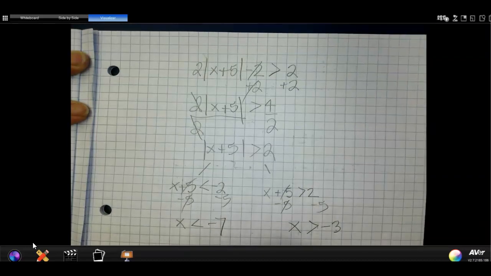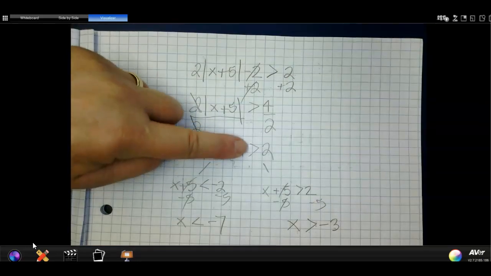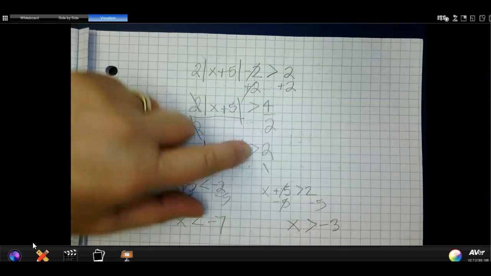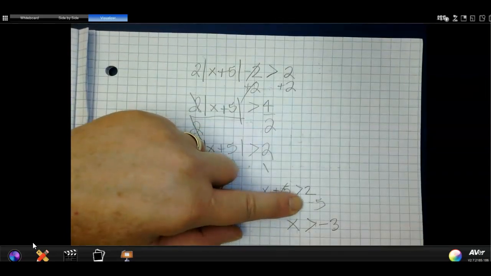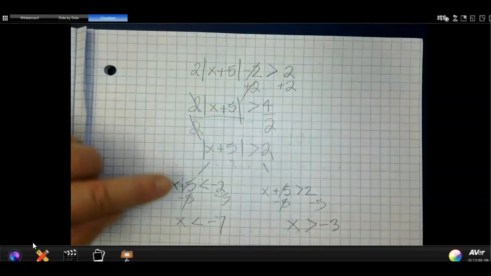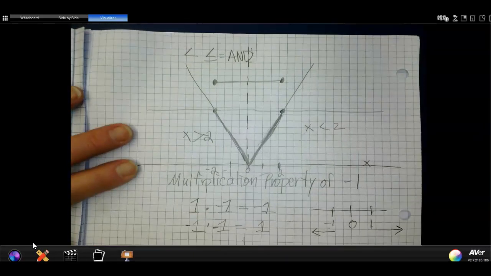Okay? The same is reversed if I was solving a less than. If I was solving a less than, I would have x plus 5 is less than 2. And I would also solve x plus 5 is greater than negative 2. Okay? One more time, this is why.